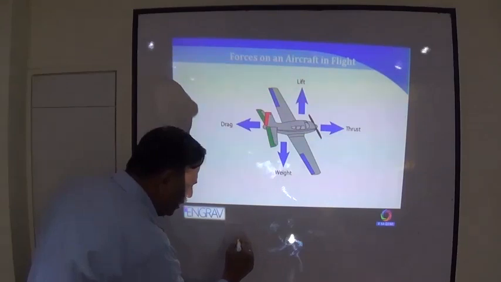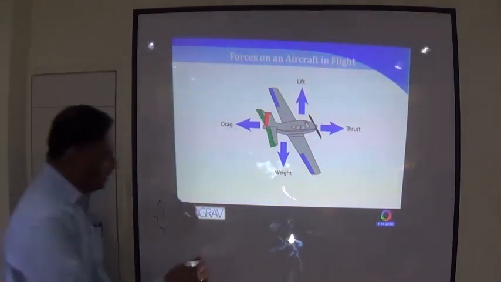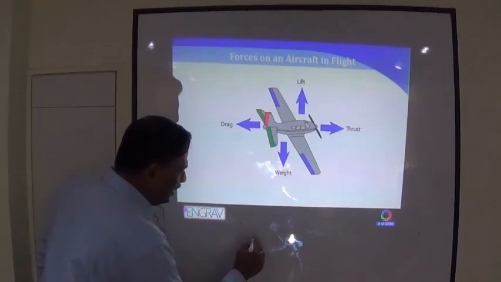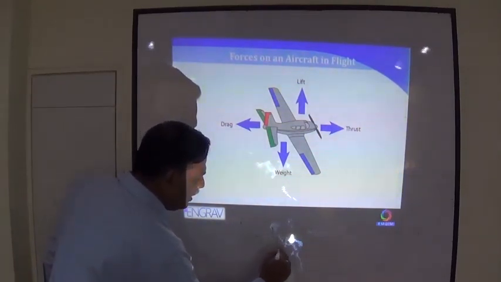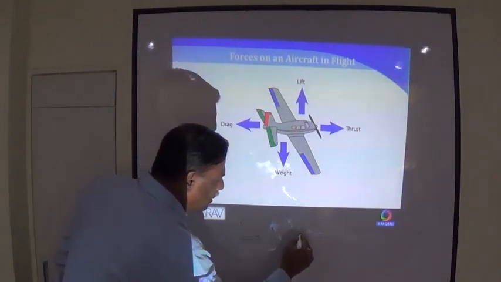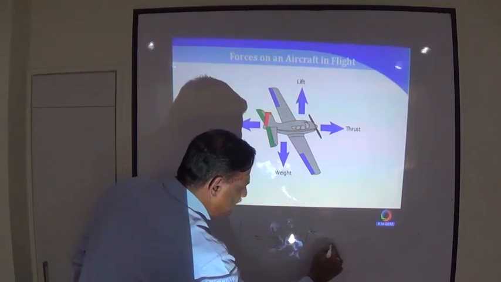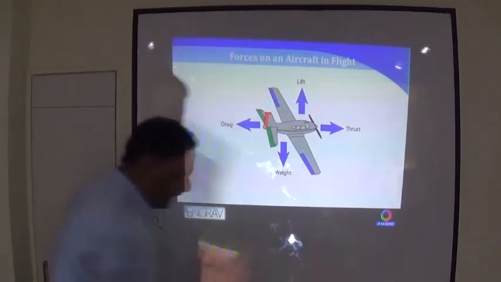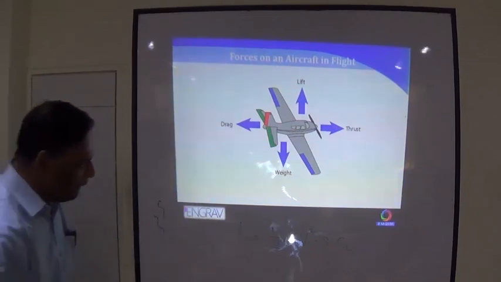Only one formula, which says lift L is equal to half rho V squared S CL. Just allow me to use this much, and then you will understand what I am trying to explain.